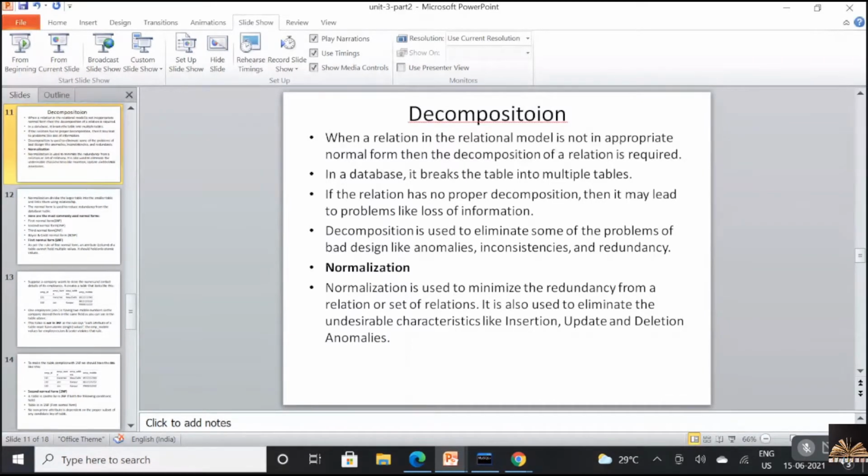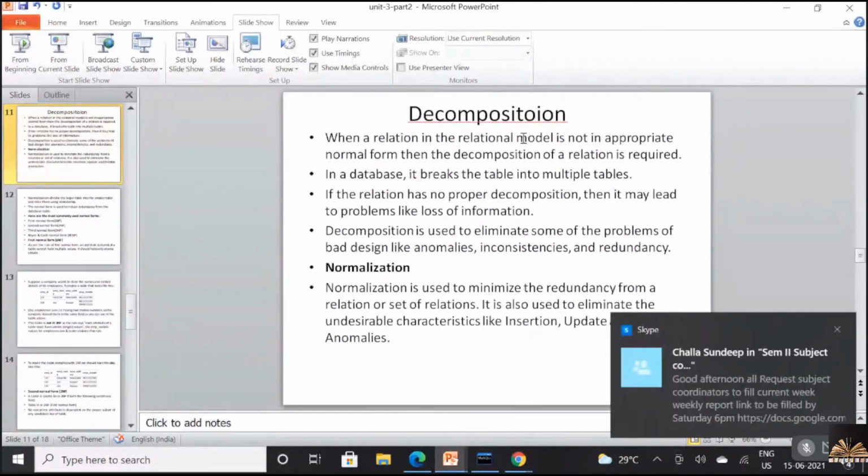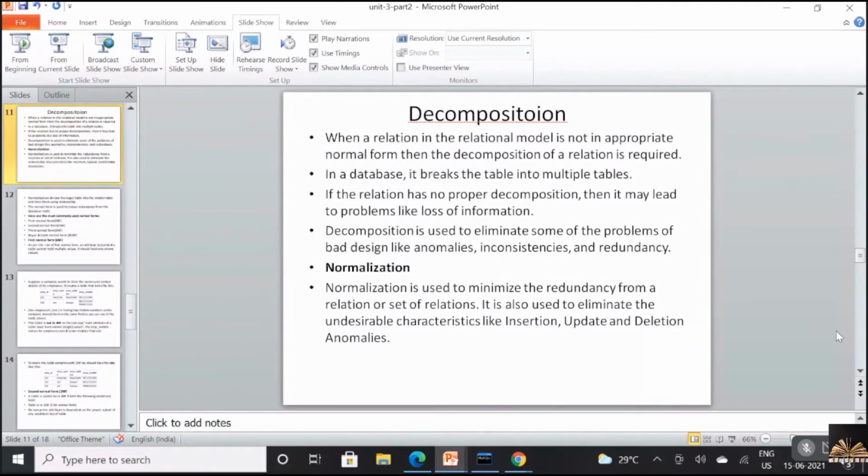By reducing the redundancy, you increase the consistency of the data. In a database, it breaks the table into multiple tables. That is the concept of decomposition: breaking a bigger table into smaller tables.